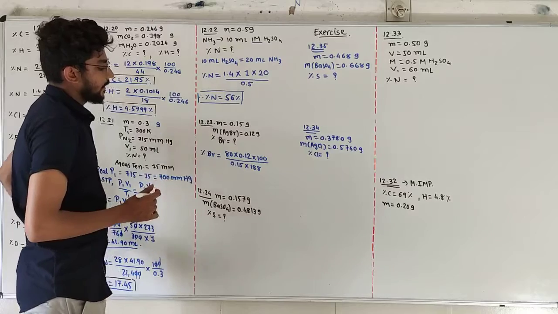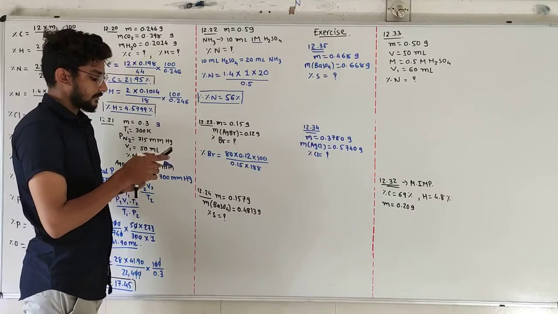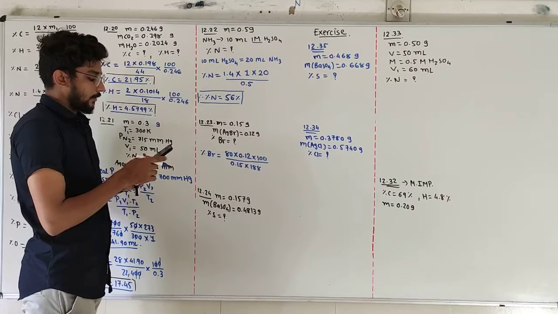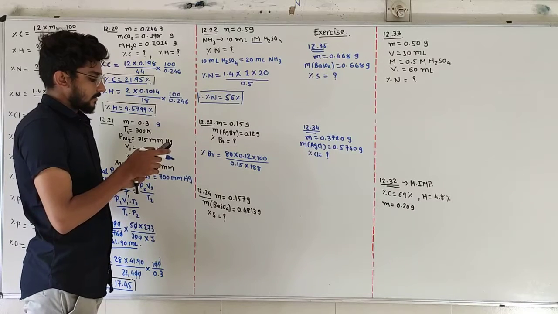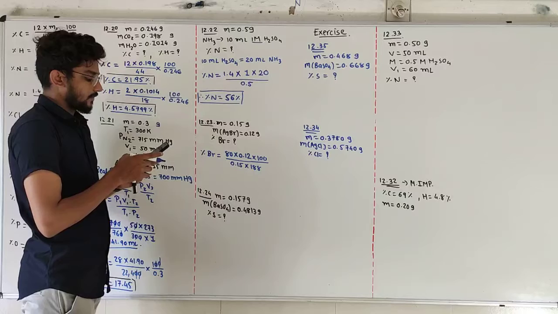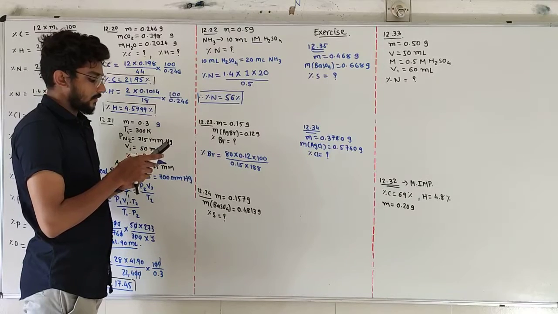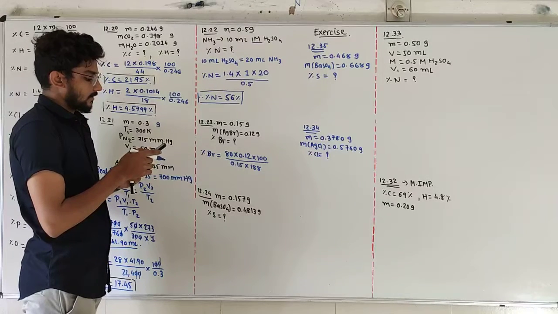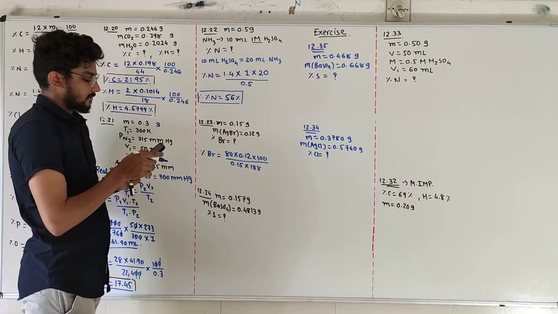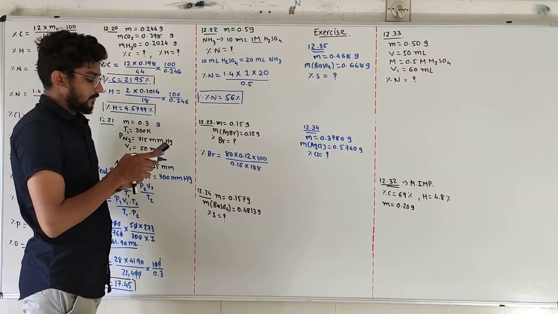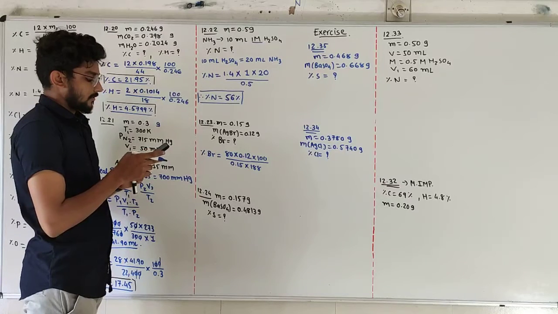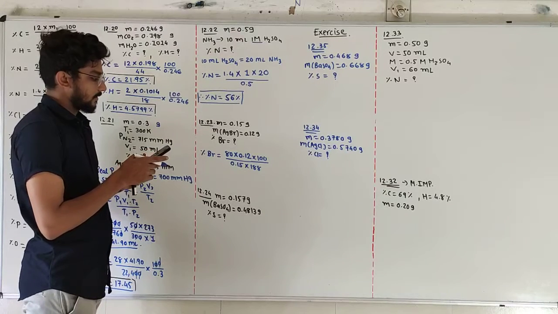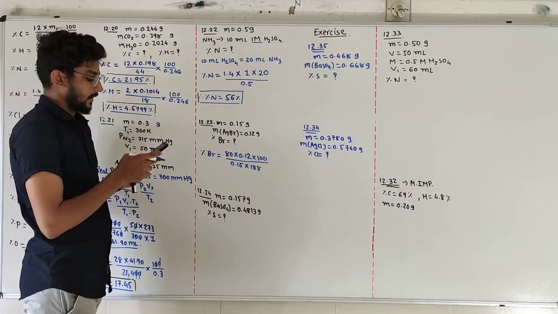So let's calculate it. 80 into 0.12 into 100 divided by 0.15, again divided by 188.